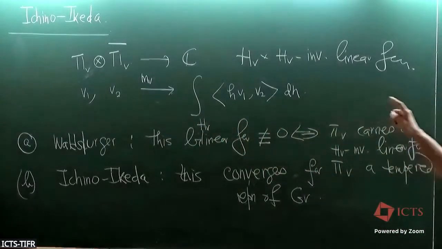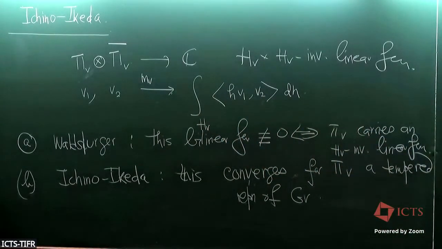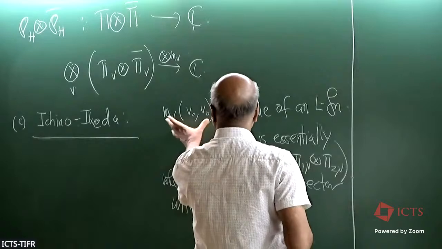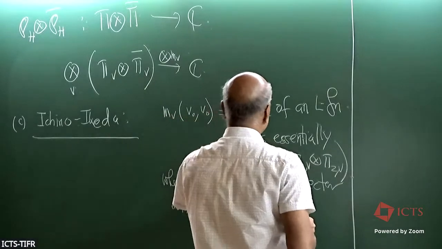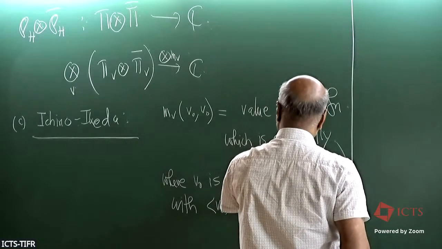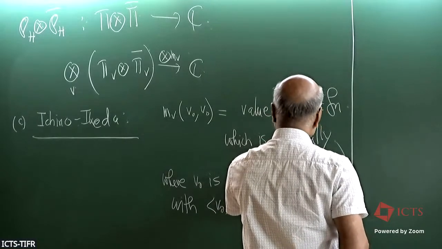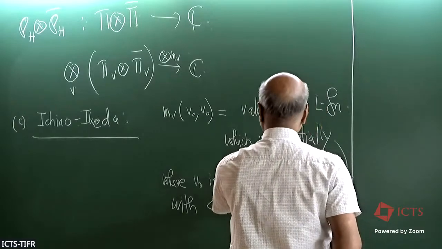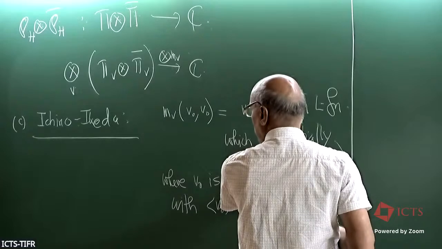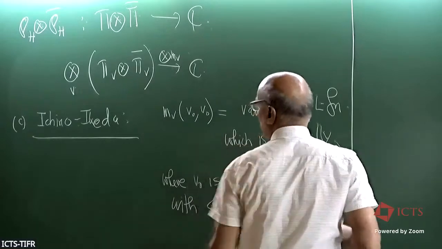So this is a well-defined object, and MV of V0, V0 doesn't depend on the choice of V0 with this scaling. And therefore, it is meaningful to say that these two are equal. So this is one L function which appears. There are a few other L functions which appear, but this is the most important one. There is an explicit value given.